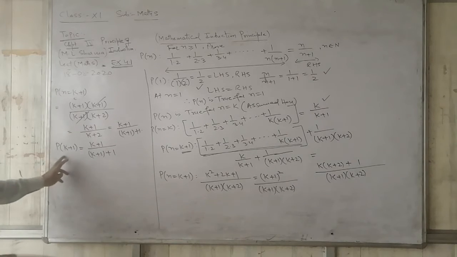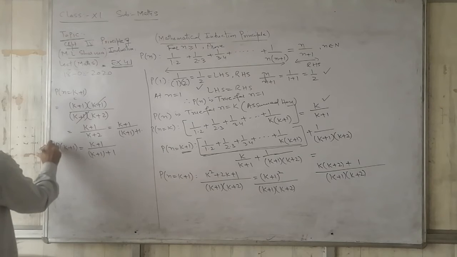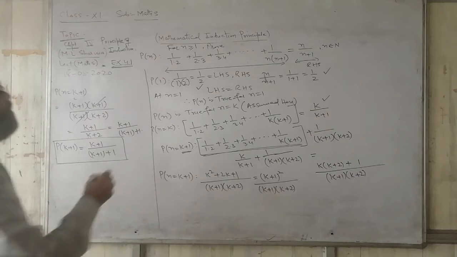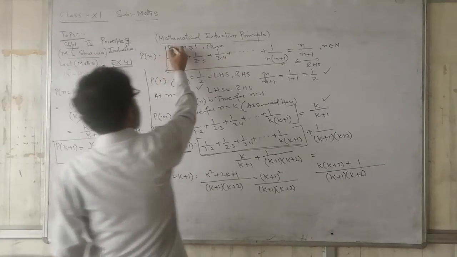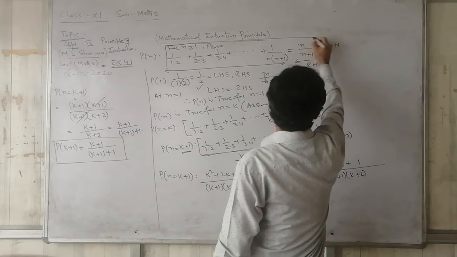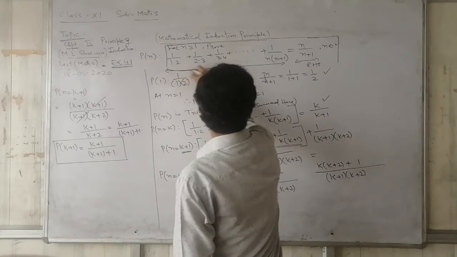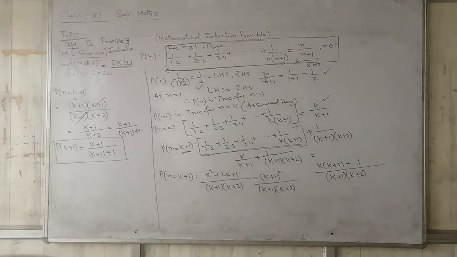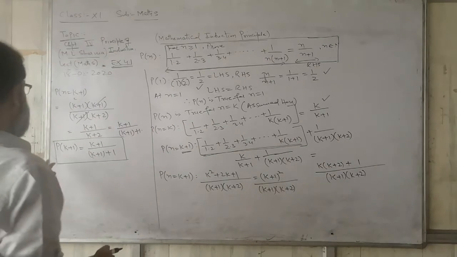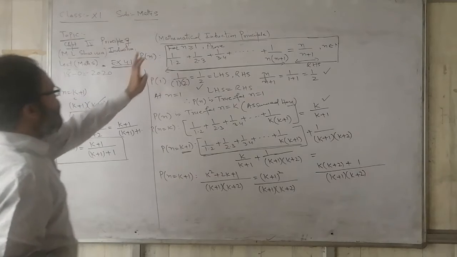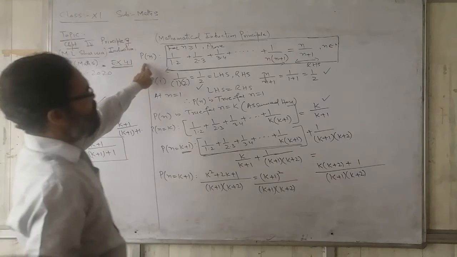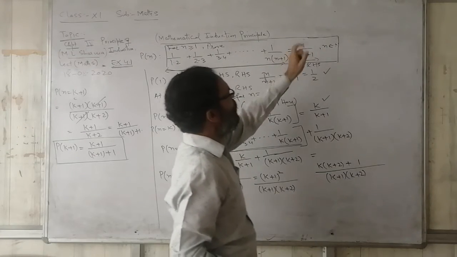Now if I compare this expression with my given mathematical statement, here is P n and in this it is P of k plus 1. So P n on the right hand side is equal to n upon n plus 1.